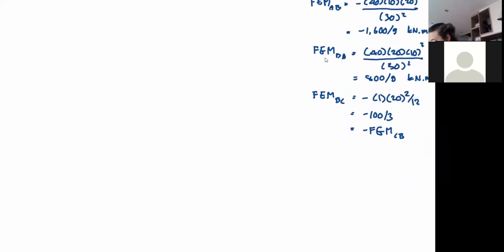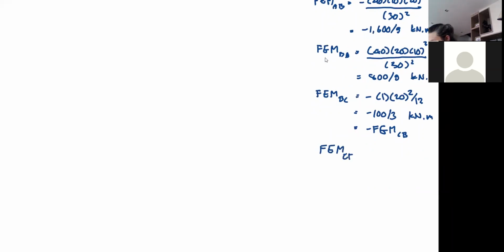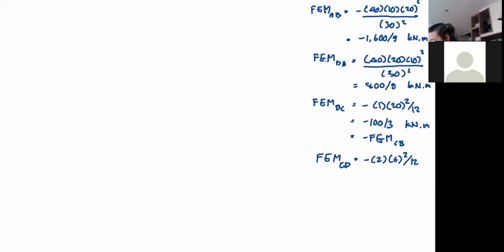And this is equal to minus FEMCB. And then FEMCD is minus 2, the span length is 6, 6 squared over 12. So that is minus 6 kilonewton meter, and that is minus FEMDC.